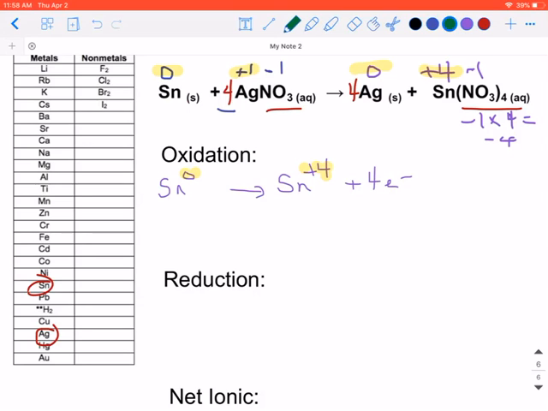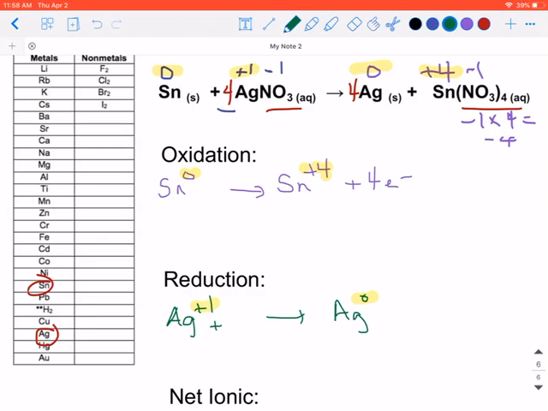I started off with Ag with a +1 charge, and by the end of this, it turns into a neutral silver atom. So going from +1 to 0, that means 1 electron was gained.